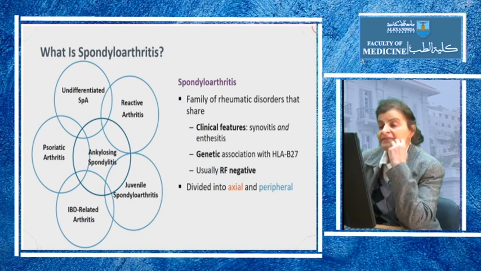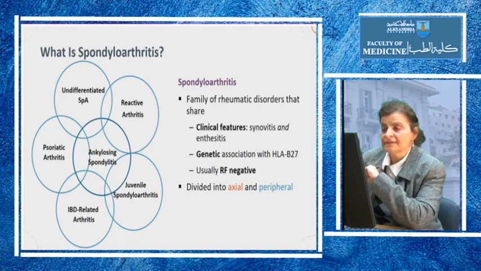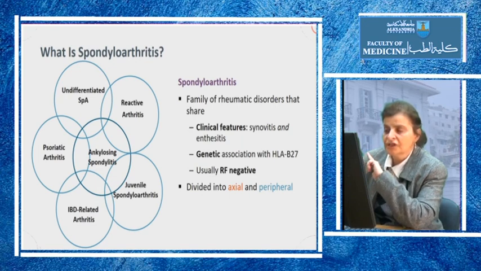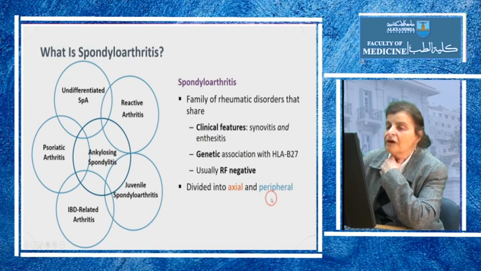As you see, we said they are a heterogeneous group of diseases. So they are a family of rheumatic diseases that share clinical features, synovitis and enthesitis. Again, we reiterate genetic predisposition is present, especially with HLA-B27, usually RF negative, and divided into axial and peripheral spondyloarthritis.